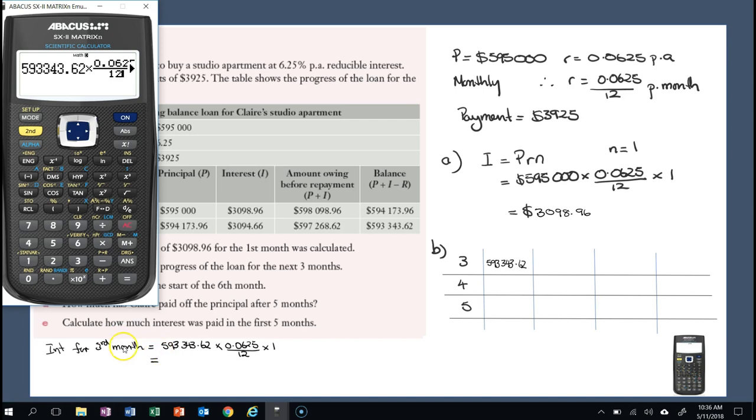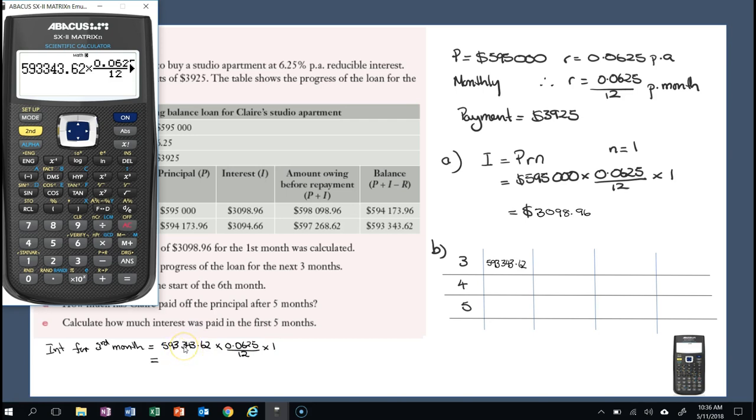Here you can see I've done the calculation for the interest for the third month. It's now this amount that's owing times still the same rate, and please note it's only for 1 month. Some students get confused there and think that they should put a 3. No, the interest is only charged on that amount for 1 month.